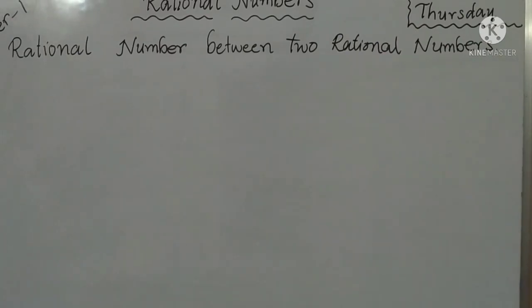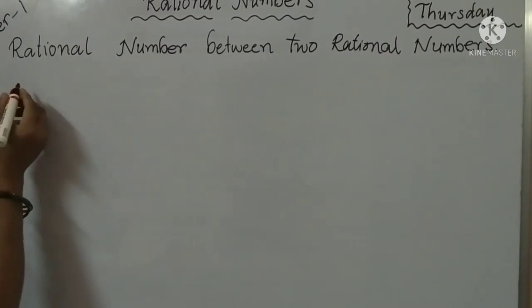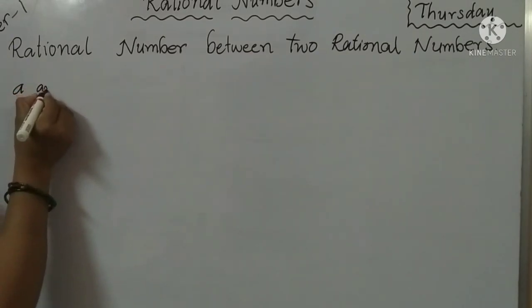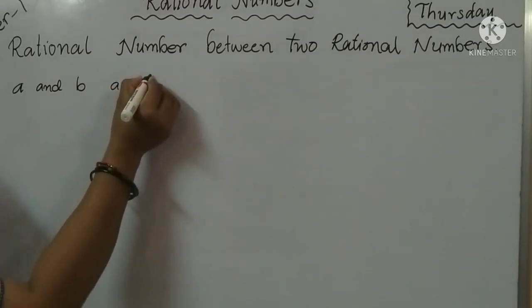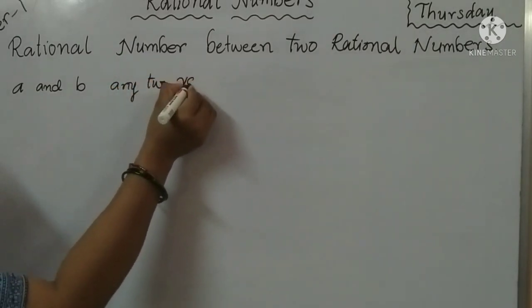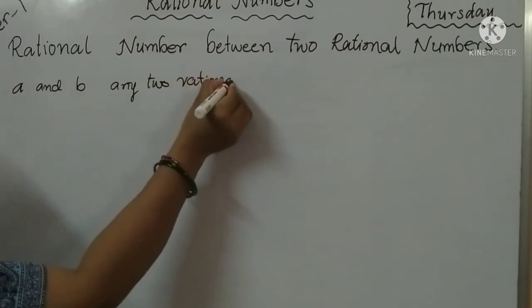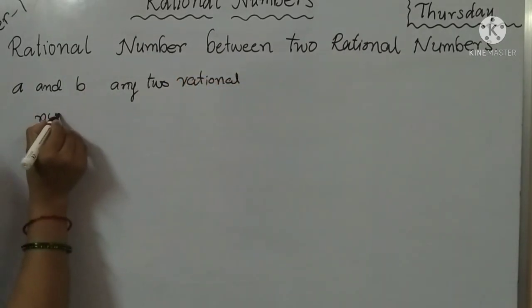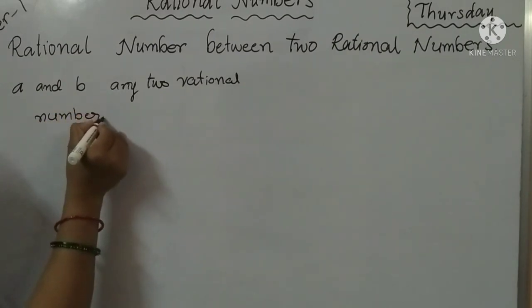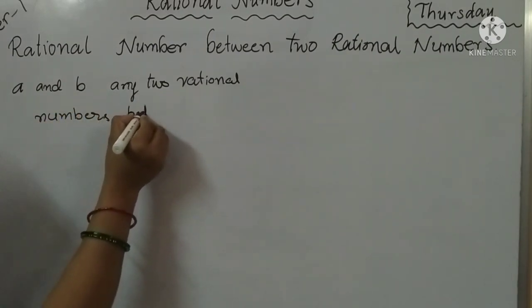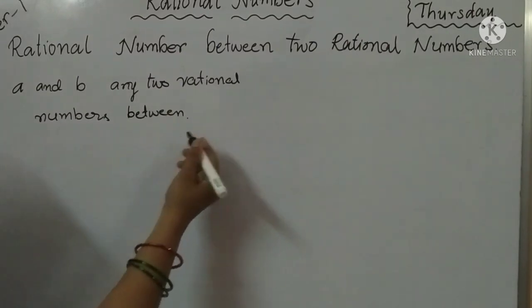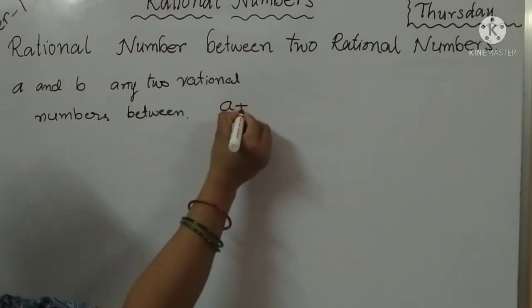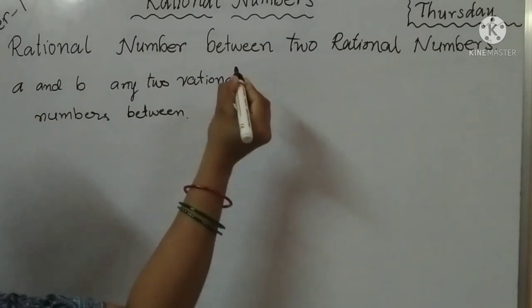So, if you take A and B, any two rational numbers, the formula for a rational number between them is (A plus B) by 2.